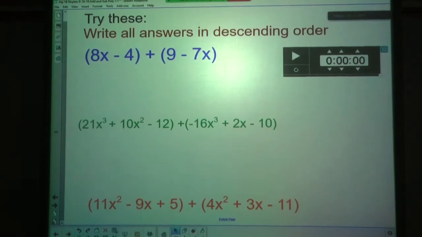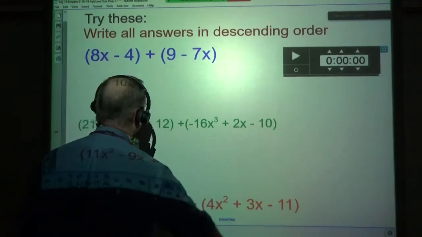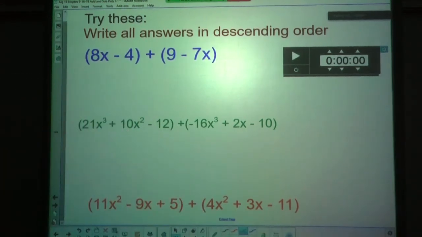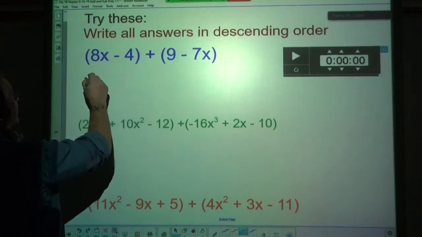I gave the other class 5 minutes, and I'm going to let you guys try these problems, and I don't know how to pause this video, so I'm just going to say, if you were watching this video, you're going to pause it and try these problems. When I unpause, then you're going to see the answers done out. But for this case, you're going to see me do the answers out.